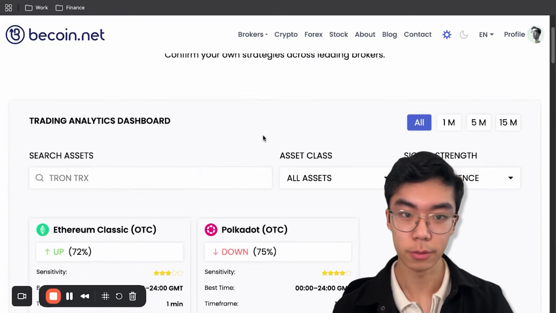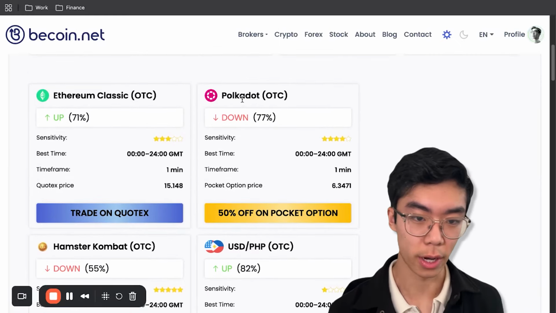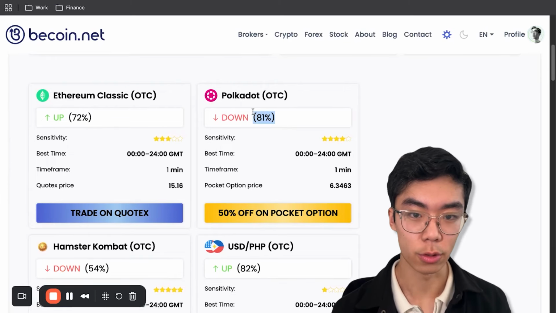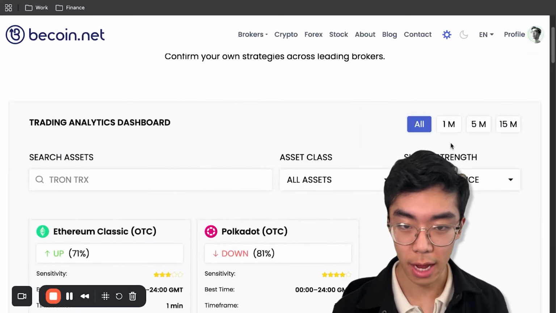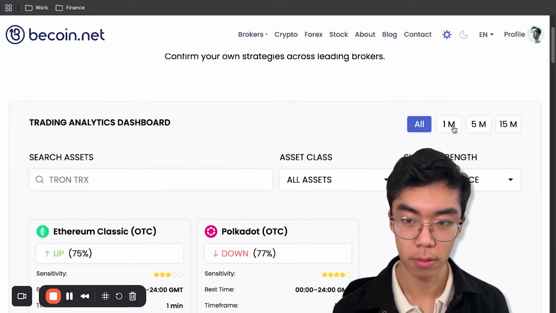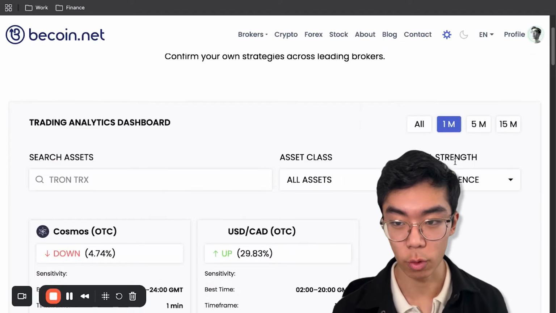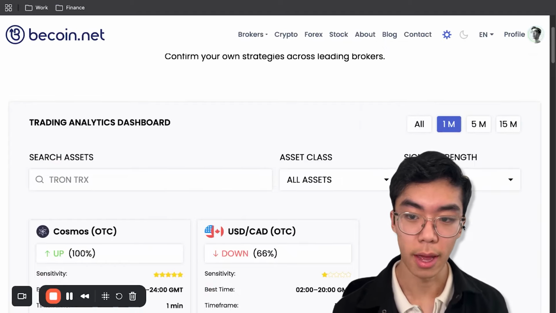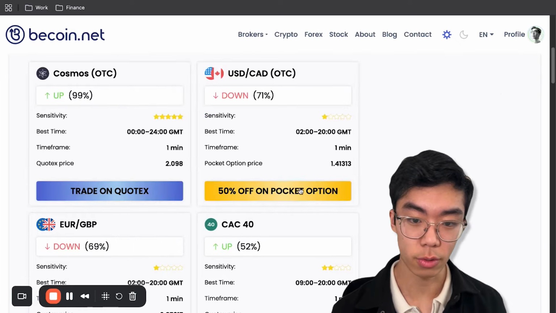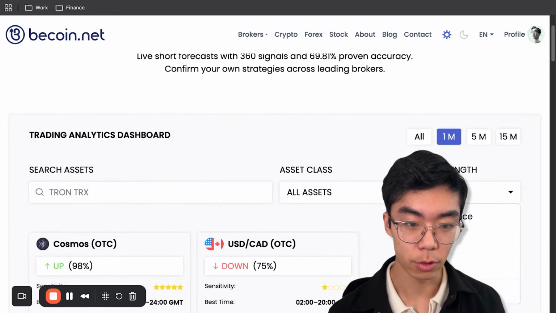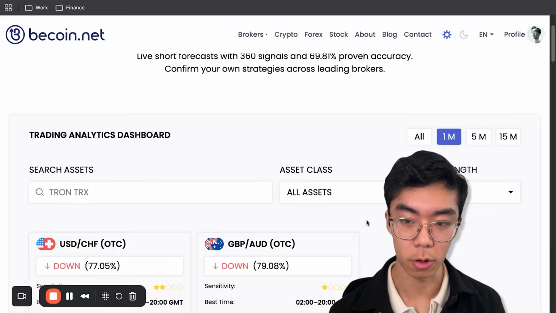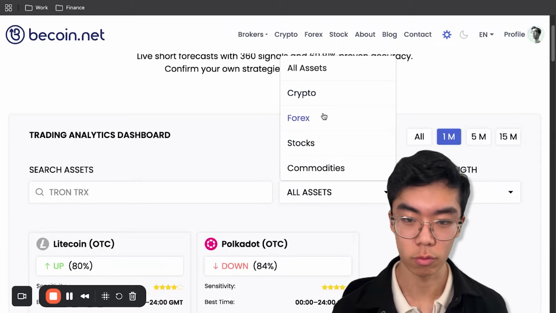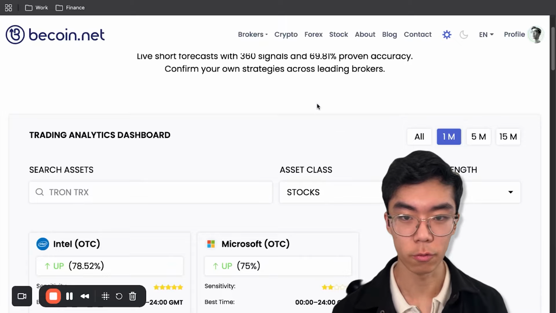And of course, you can also take advantage of the short-term asset forecast, which is very, very helpful. For example, you can see the live accuracy right here. And because you can use like 1 minute, 5 minute, 15 minute, right? And you can select the confidence. You want to select high confidence, right? So these are, generally speaking, higher chances of winning, right? And you can also select crypto, forex, stocks.